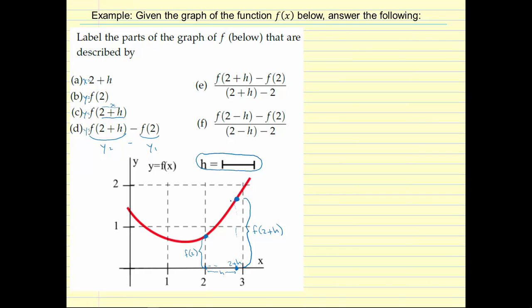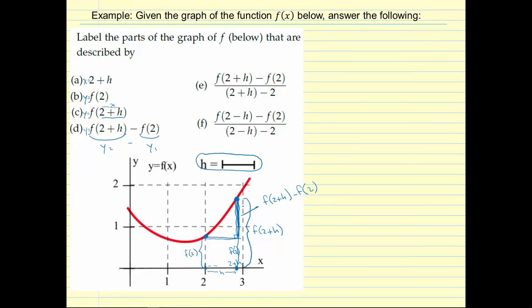So along this height, if I draw this horizontal line over, and so this is f of 2, this distance right here is equal to f of 2 plus h minus f of 2.